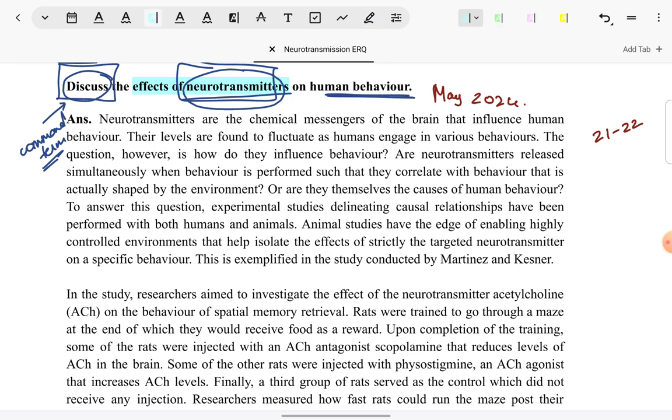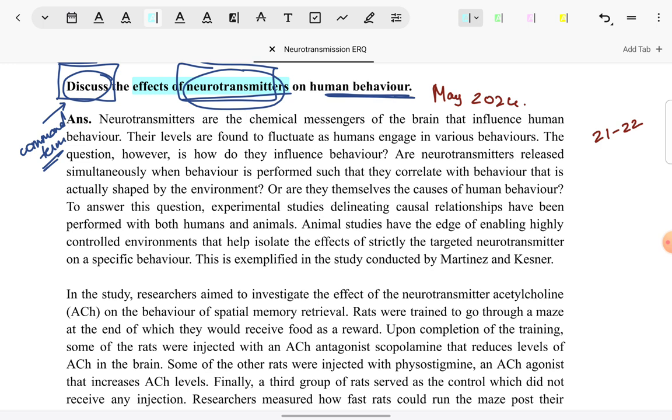When it comes to the introduction, like I said, we should not take a very generic approach and very formulaically go on describing what neurotransmitters are, giving examples of neurotransmitters and talking about which behaviors they influence in a way that is not going to be relevant to the rest of the answer.